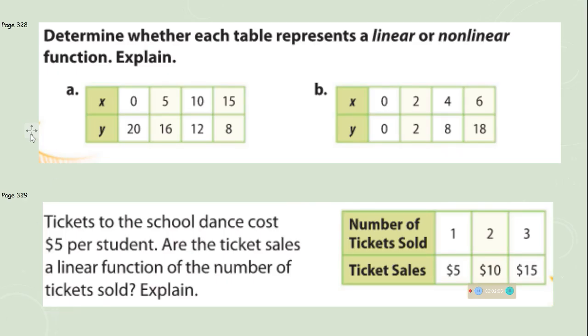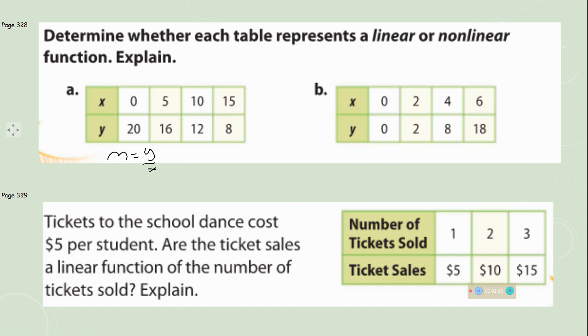All right, so let's do a couple of practice problems. These are on page 328 and 329 in your book, so you can copy them down from there. So the first one says determine whether the table represents a linear or a nonlinear function. So you're going to look for the change. Remember, you're looking for the slope or the change, so it's going to be y over x.